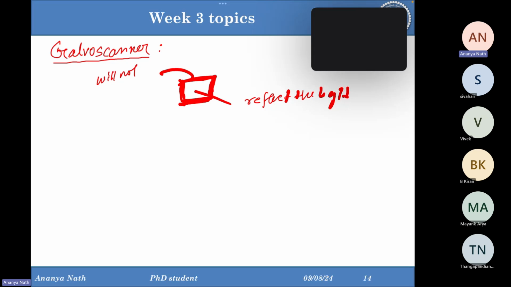Because if the light is falling over this and it is reflecting back, and if this is a transparent mirror, all the light will transmit through the transparent mirror, and no light will come to this spot, because this is the build plate. The light coming here should be reflected back and go to the build plate fully. No loss should be there.